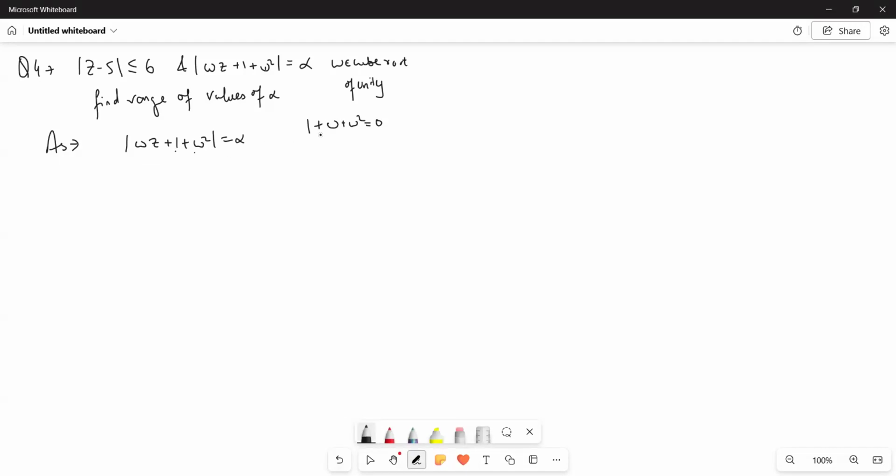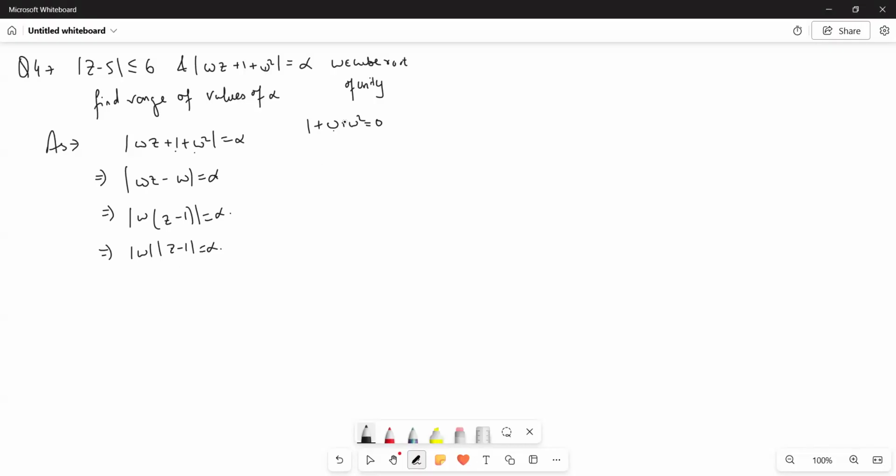So 1 plus omega square को we can replace as minus omega. ठीक है. But we know that mod is, now this is like writing mod of omega taken common, z minus 1 is equal to alpha. But mod is distributive, so ये हो जाएगा mod omega into mod of z minus 1 is equal to alpha.